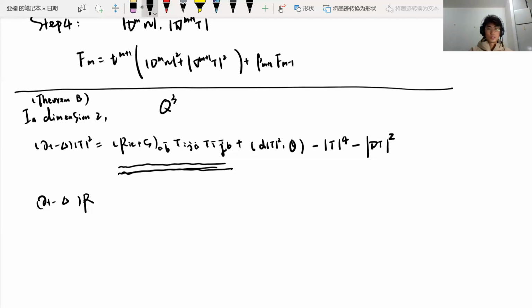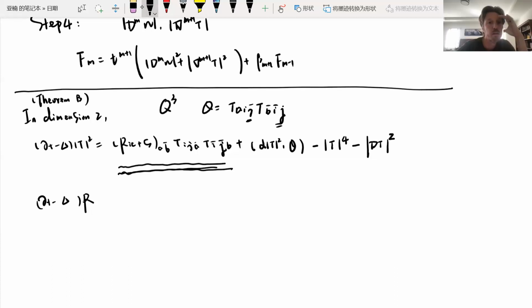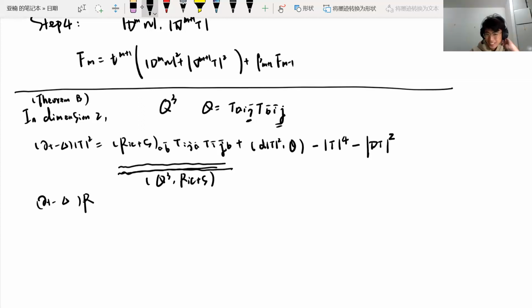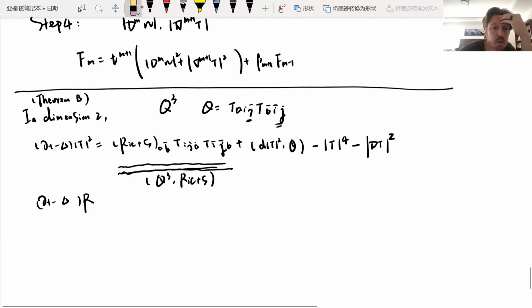The Q is defined by contracting the last two subscripts. That term is Q3. Is that what that says, Ricci plus S? That's what I was confused about.